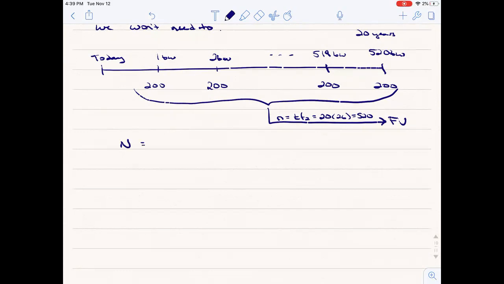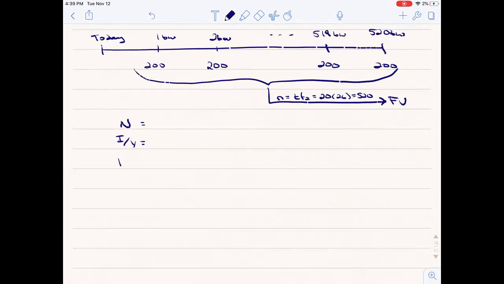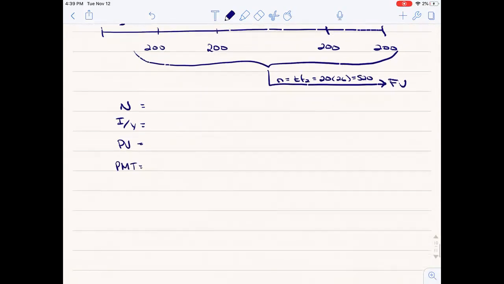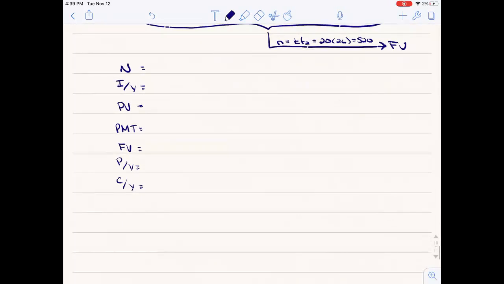We need to put in N, the interest per year, the present value, the PMT, the future value, the payments per year, the compoundings per year, and whether it's beginning or end, which I'll shorthand to B/E.